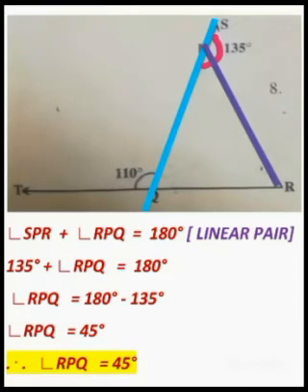Now again look at the figure, children. Here PR is a ray that stands on a straight line SQ. Here also the same reason, children: the sum of adjacent angles is equal to 180 degrees. What is the reason?